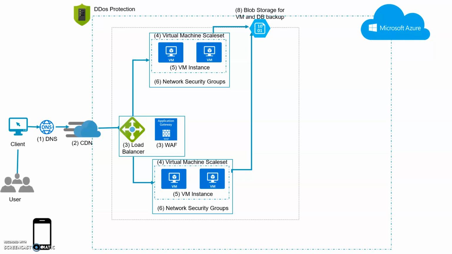Now you have your blob storage ready. What's the next step? We never know when your servers will fail or go down. So you can also configure monitoring by using Azure Monitor. Whenever the server is down, you can simply get a notification from Azure Monitor so that you can immediately take the necessary actions.